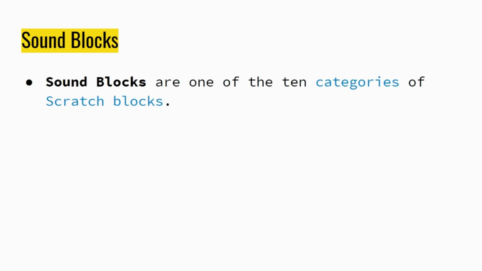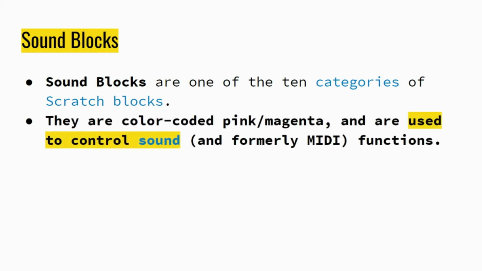Okay, so the sound blocks are the blocks that control the sound, from the name itself. Sound blocks are another one of the 10 categories of Scratch blocks. They are color coded pink or magenta and are used to control the sound of our Scratch program.